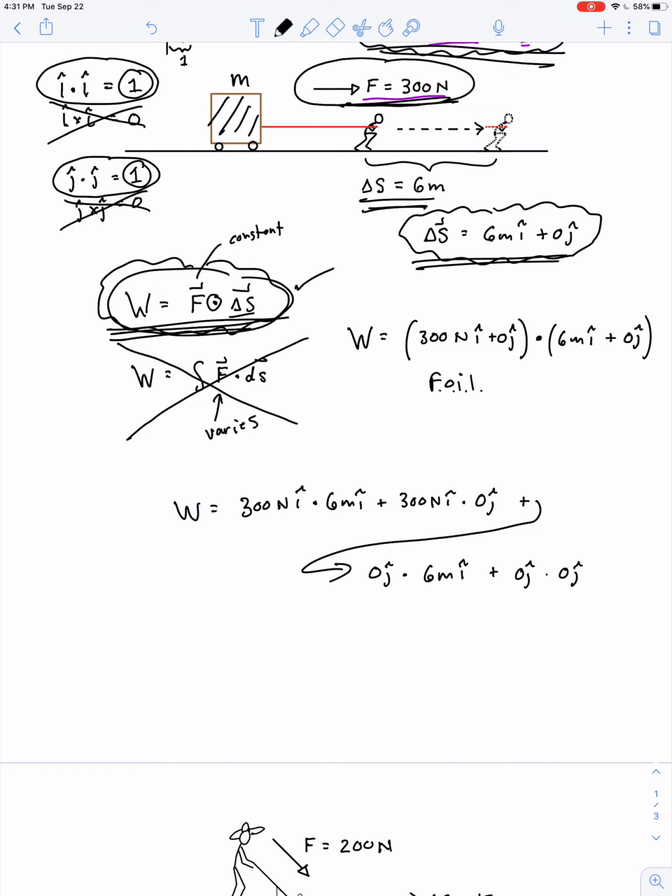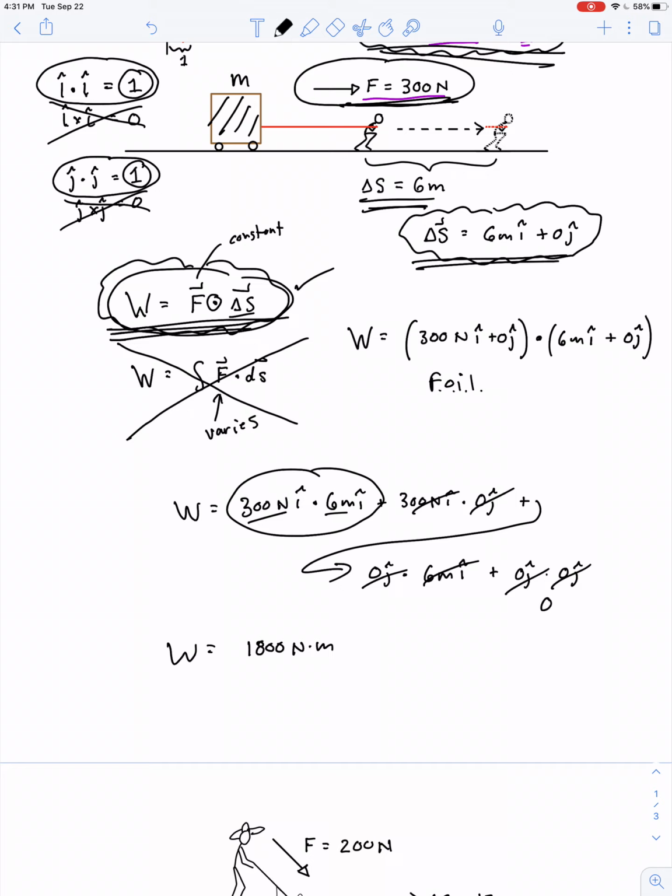Well, 0 anything times 0 anything is going to give you a 0. Okay, so those terms are gone. And so what we really have is the work is equal to 300 newtons times 6 meters, which gives us 1,800 newton meters.